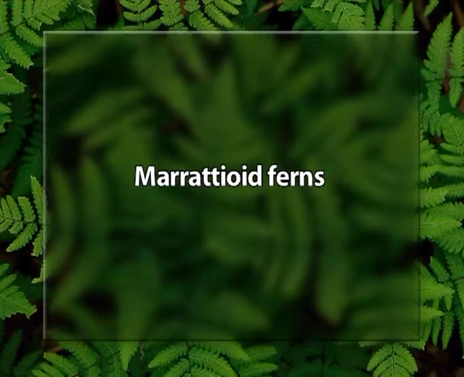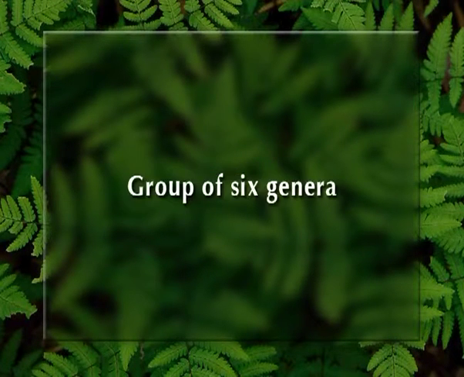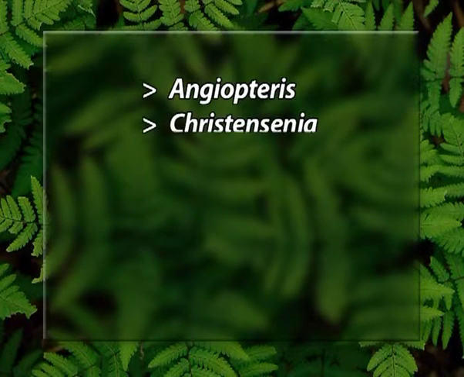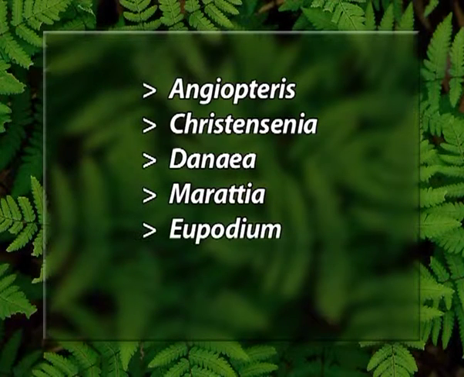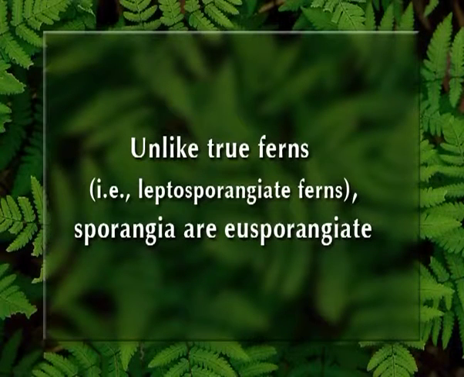Now the sixth group, Marattioid ferns. These are a group of 6 genera which were previously grouped with pteridophytes, the true ferns. However, unlike true ferns, that is Leptosporangiate ferns, the sporangia are here eusporangiate.